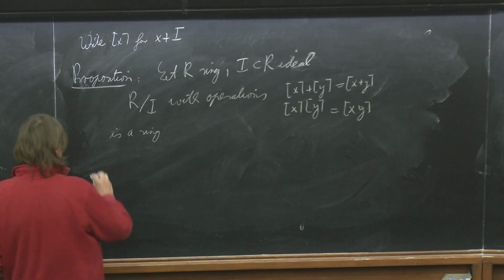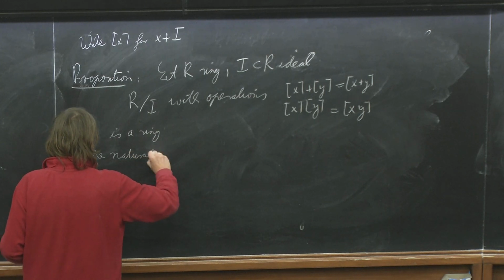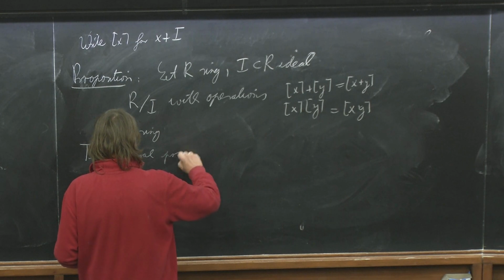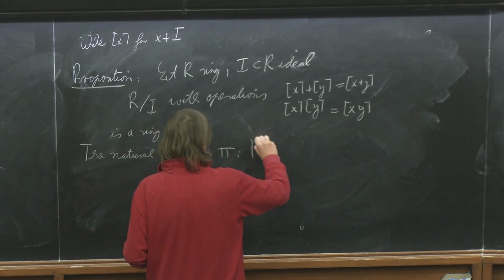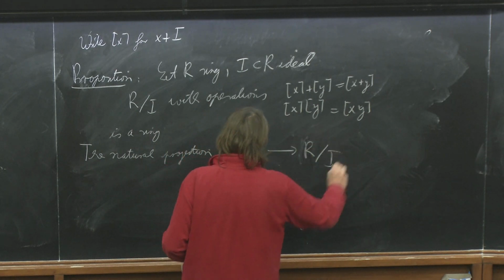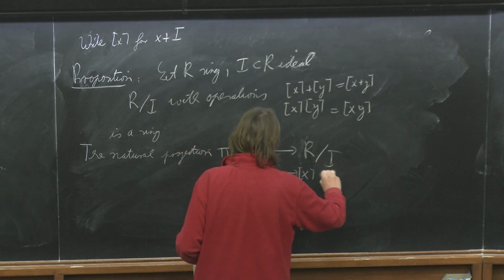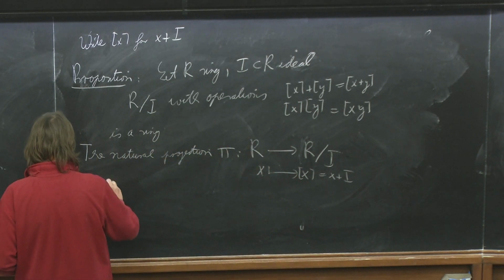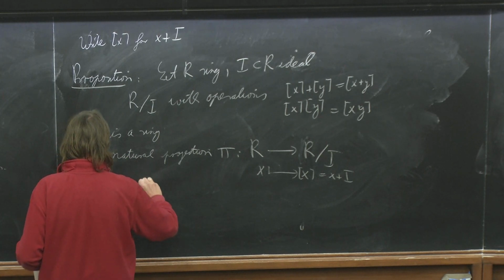And furthermore, if we look at the natural projection pi from R to R mod I that sends any element x to its coset, the class of x, which was x plus I, it is a ring homomorphism, obviously a surjective ring homomorphism.